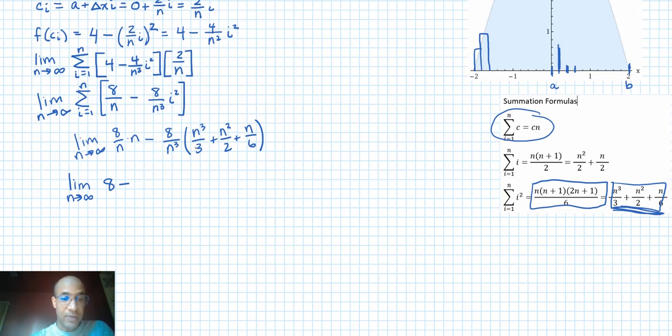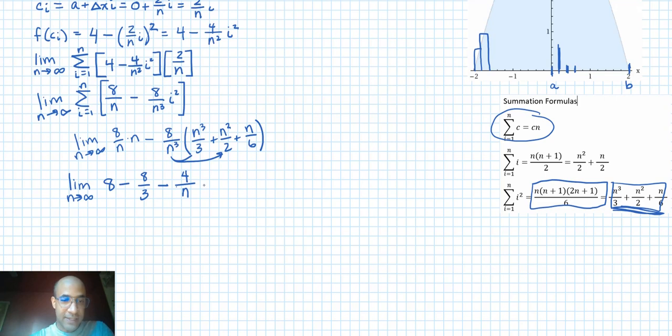So 8 over n cubed times this, the n cubes are going to cancel out, and I'll just get 8 over 3. And when I multiply this by the next term, I'll have an n left in the denominator. It'll be negative because it's a negative 8 over n cubed times this. There'll be 1 n left in the denominator, and 2 goes into 8 4 times. So it'll be n in the denominator and 4 in the numerator, right?